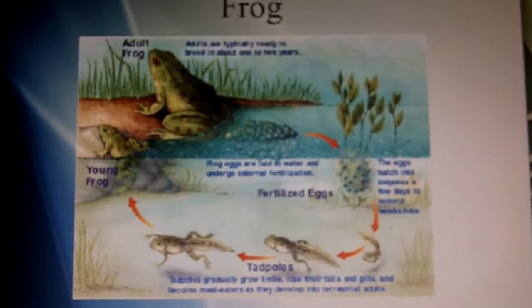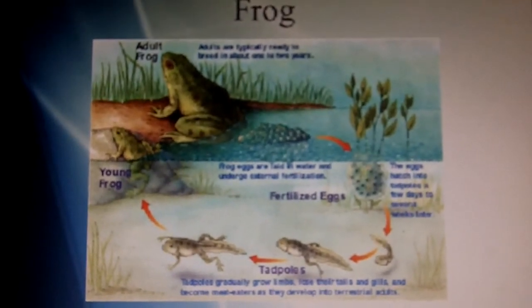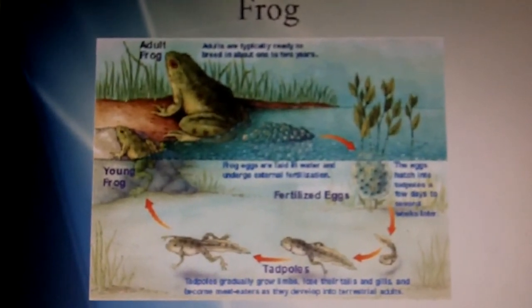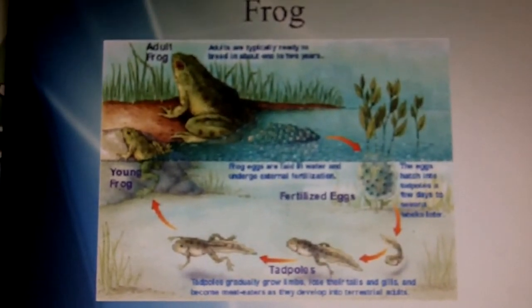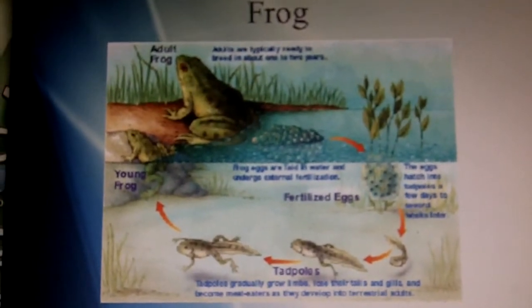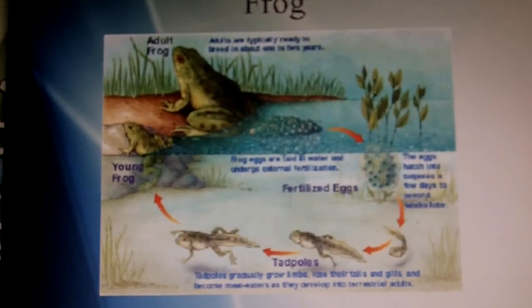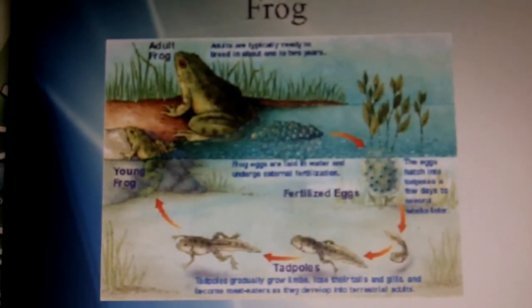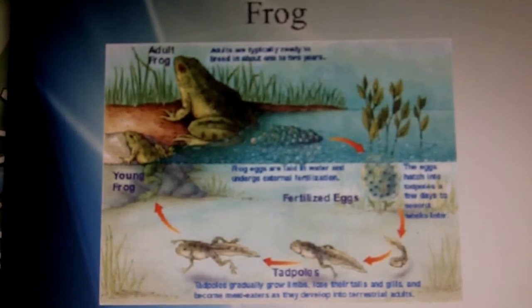Adults are typically ready to breed in about 1 or 2 years. Fertilized egg. Frog eggs are laid in water and undergo external fertilization. The eggs hatch into tadpoles a few days to several weeks later. Tadpoles gradually grow limbs, lose their tails and gills, and become meat eaters as they develop into terrestrial adults.